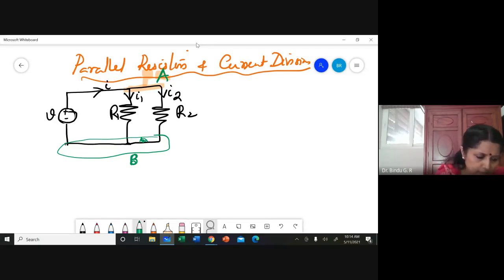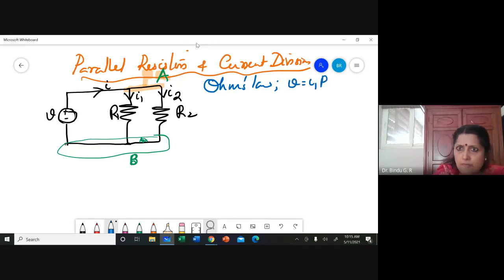Now, again, by Ohm's law, we know that V is equal to I1R1, which is equal to I2R2. Why do I write that? Because this voltage is being applied across R1, and the same voltage appears across R2 also. There is no division of voltage.